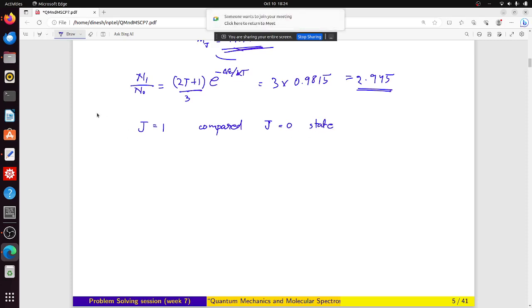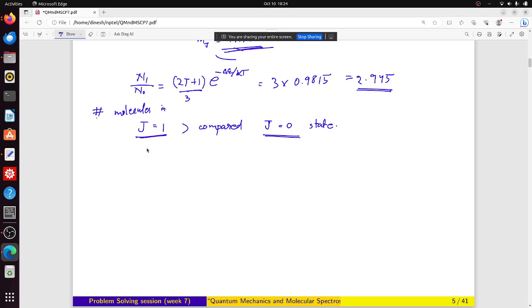Okay, so the number of molecules in j equal to 1 state will be more compared to j equal to 0 state. Okay, this is due to degeneracy of state.